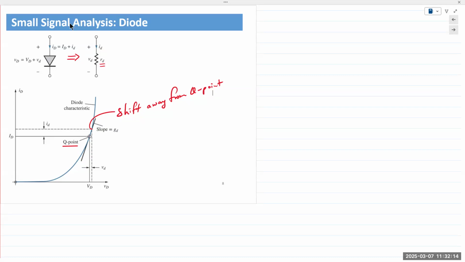We are analyzing a small portion of the diode characteristic, hence small signal analysis. Most AC signals that we would apply would be small. Most AC signals would be small compared to DC voltages and DC currents. Hence the name small signal analysis.